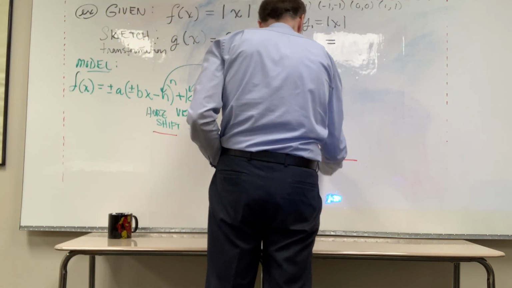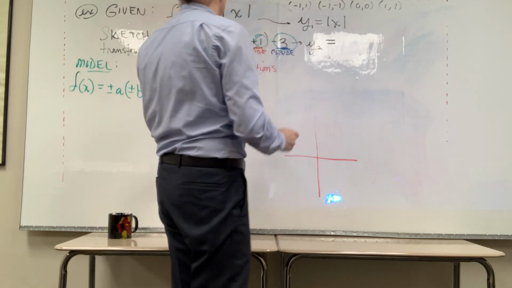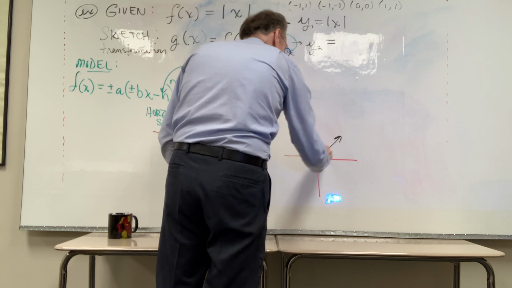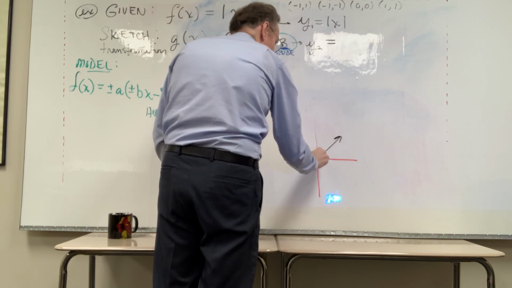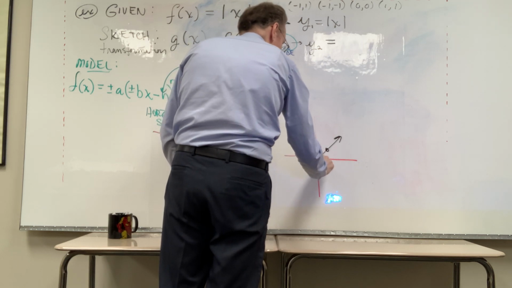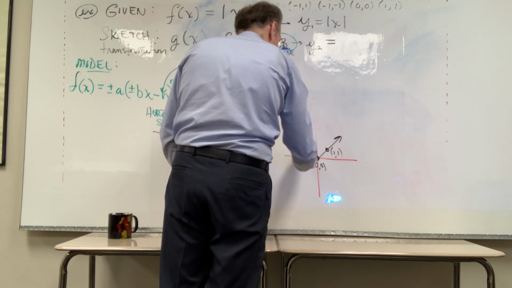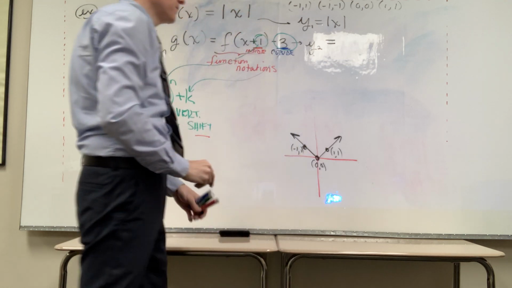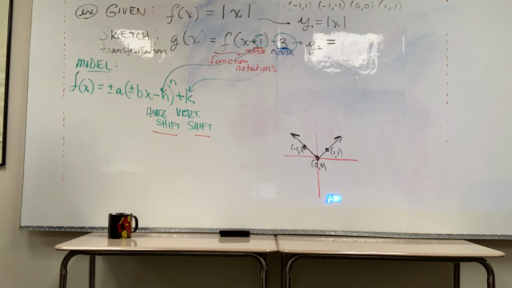on this drawing. If the regular ordinary function is an absolute value, we would have a picture that looks something like this. And again, it might be good to know these points: 0, 0, 1, 1, in case of a V shape, negative 1, positive 1.